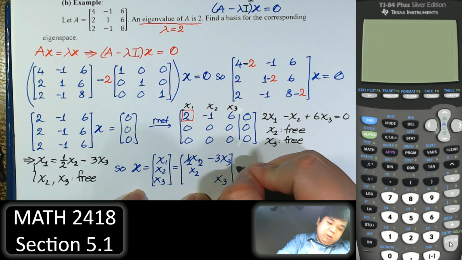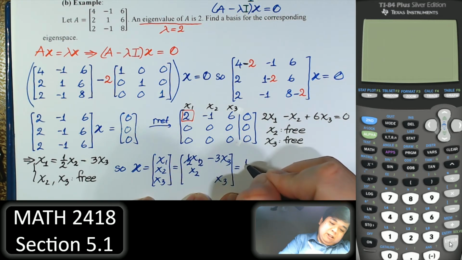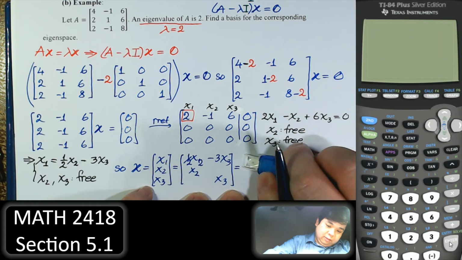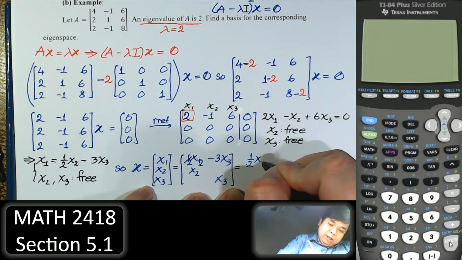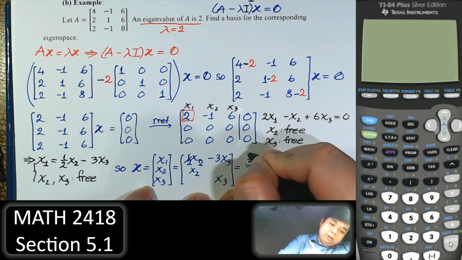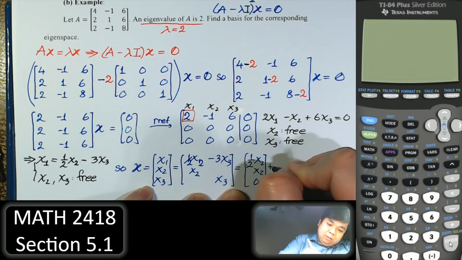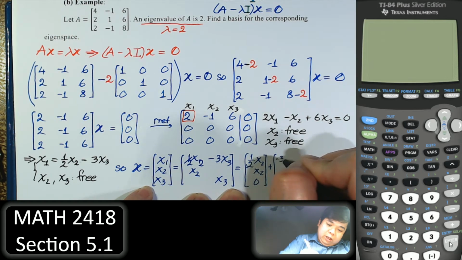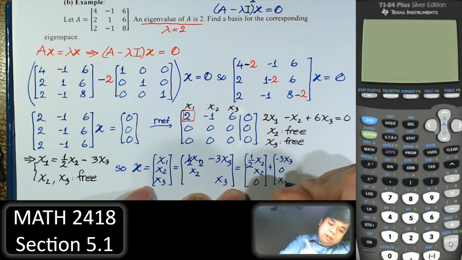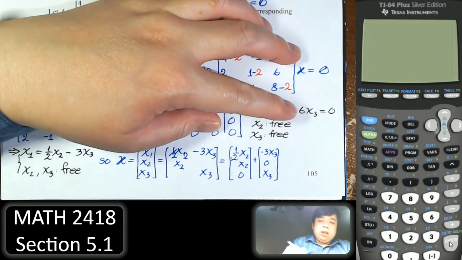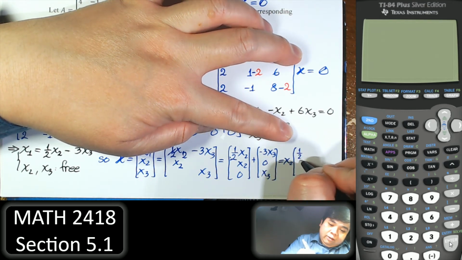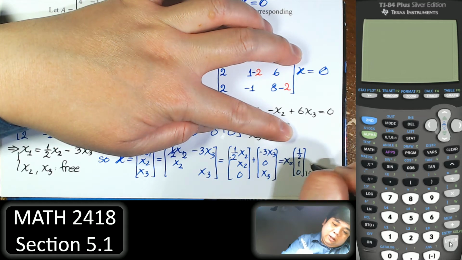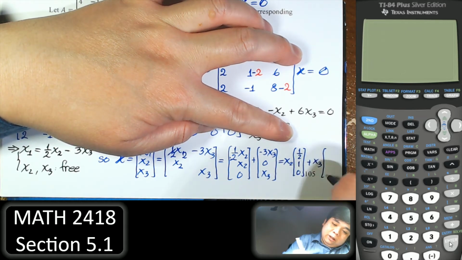We split this into two vectors: 1/2 x2, x2, and 0, plus negative 3x3, 0, and x3. Here we can factor out x2 times the vector 1/2, 1, 0, and x3 times the vector negative 3, 0, 1.